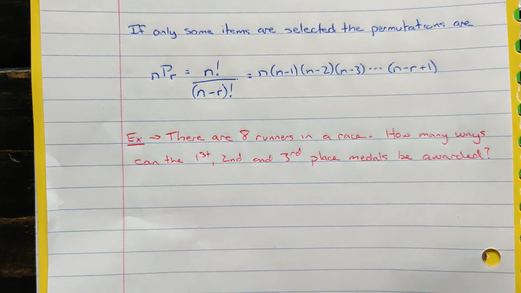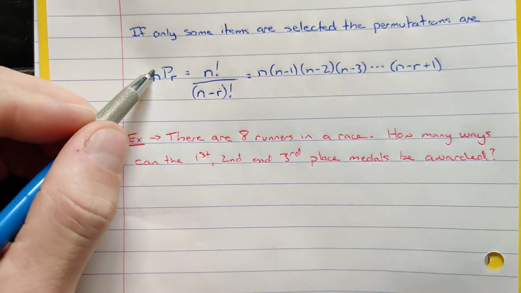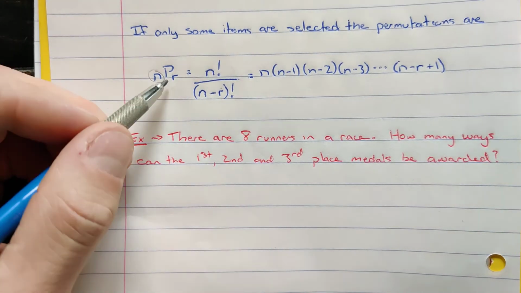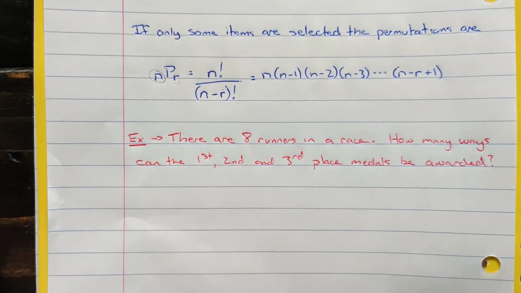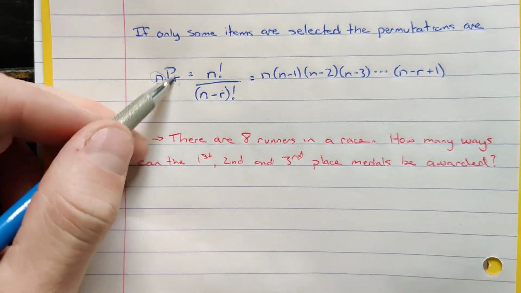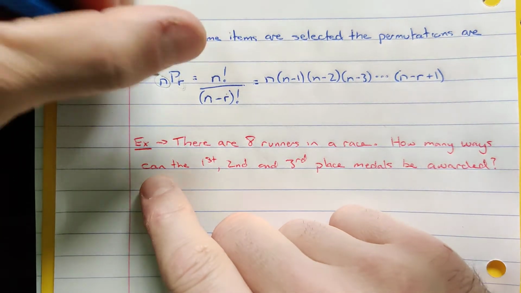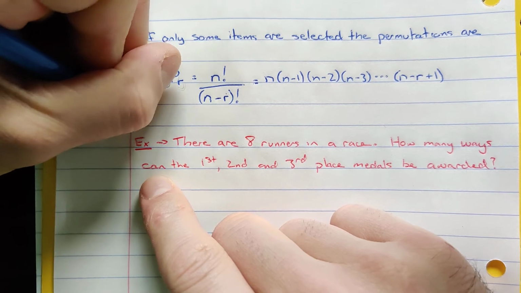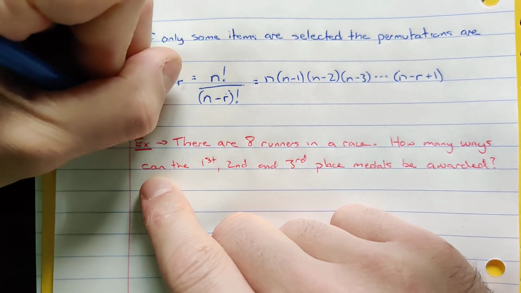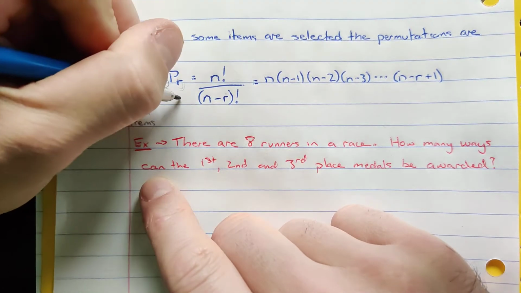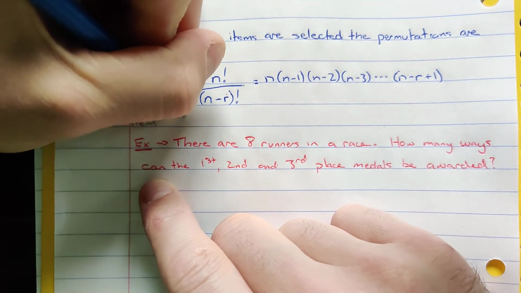This same generalized formula on your calculator, because this function is on most calculators, will work if you use all the items as well. So we have n items, and how many permutations with r selected. This is the total items, and this is the number used.